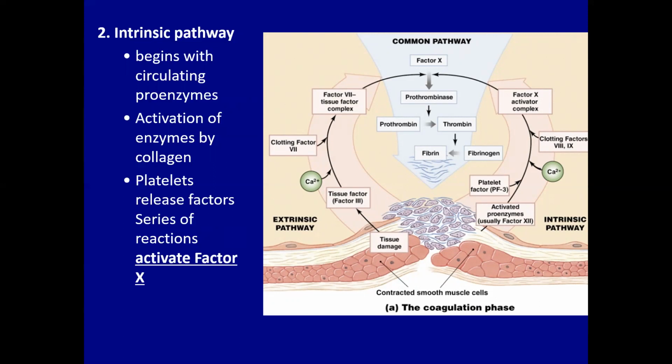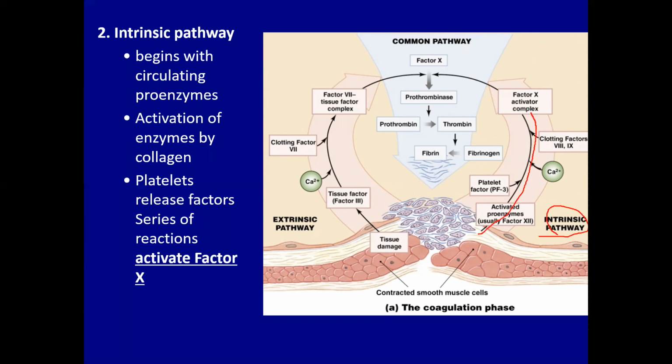So this intrinsic pathway, over here on this side, begins with the circulating proenzymes. This is normally factor 12. And it's activated because of collagen. And we have, again, this series of events.